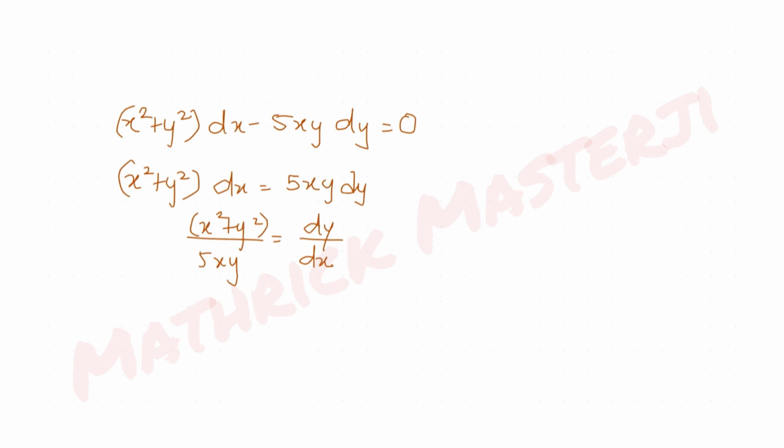Now once I have this, I'll substitute for y in terms of another variable. Let's say y = vx. Taking the derivative, dy over dx becomes v times dx over dx, which is 1, plus x times dv over dx.